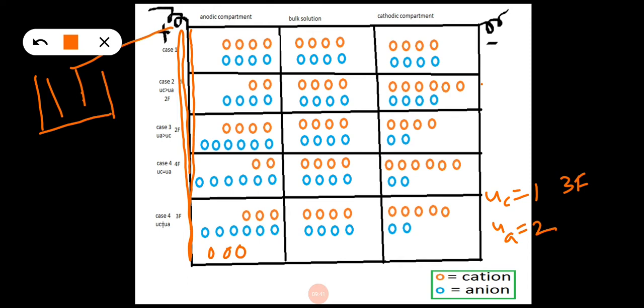So the concentration of the anodic compartment will increase by 3 equivalents. Initially, let us suppose the initial concentration is 4 equivalents. Now the expected increase is 4 plus 3, because 3 equivalents has to increase, so 7. So 7 is the expected value.